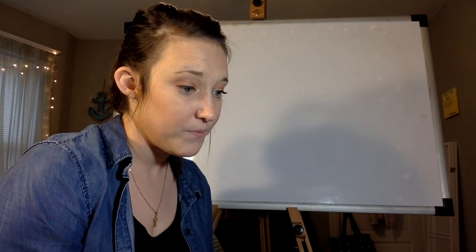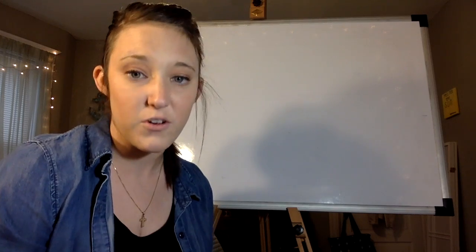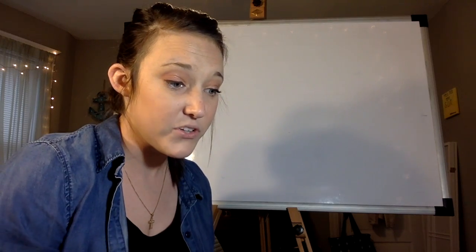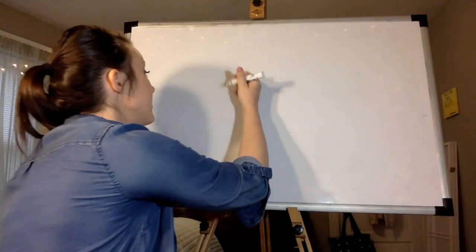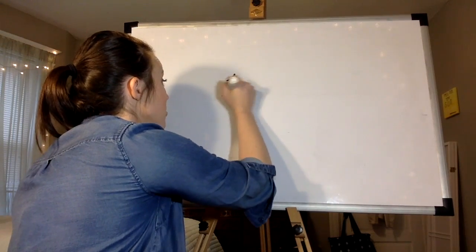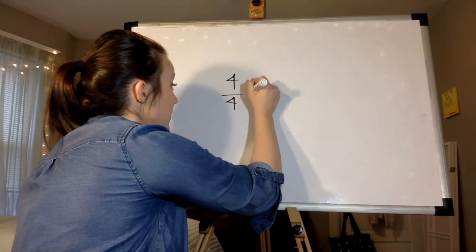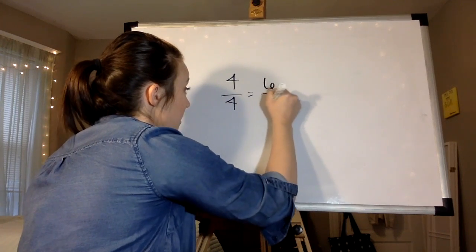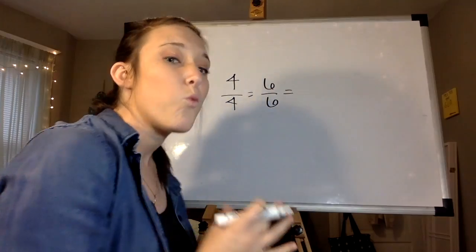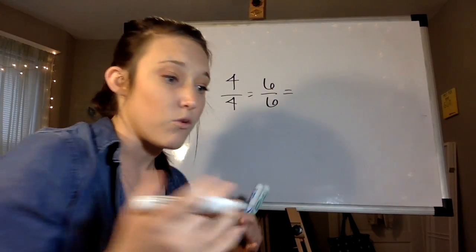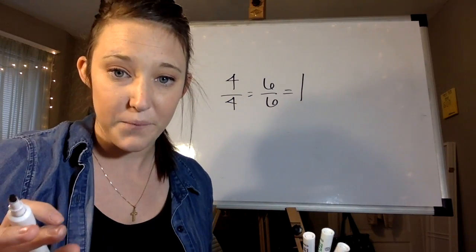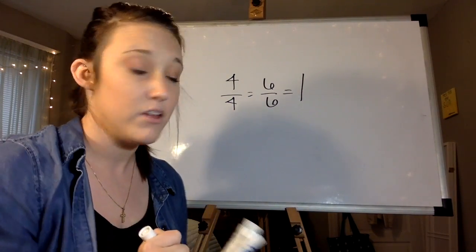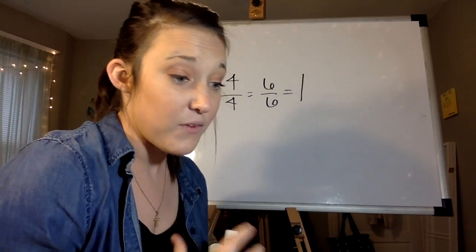So we've got a few options here. Looking at number 7 right away should be kind of a gimme, because we know when the numerator and the denominator are the same, it doesn't matter what it is, it always equals 1 whole. Always, okay? So that's number 7. That one's fairly easy.